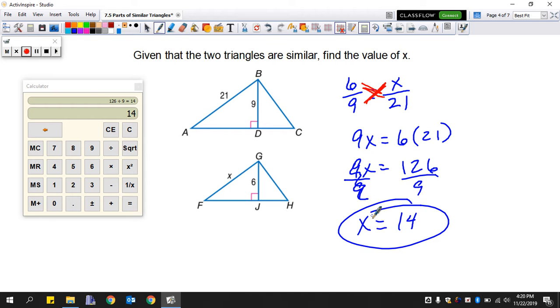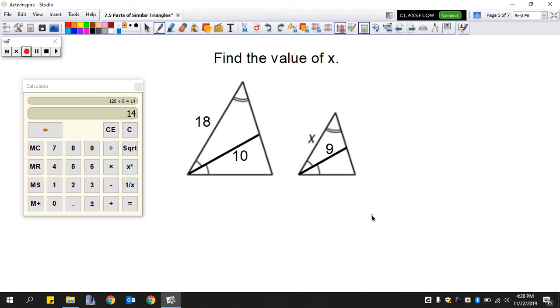The next one, we'll talk about the angle bisectors. So you notice here, these two angles are congruent, and as well as those two. So we're going to come up with the ratio of 9 to 10 is equal to x to 18.